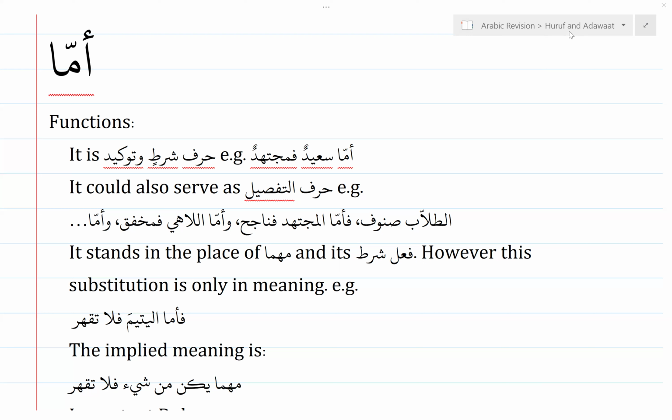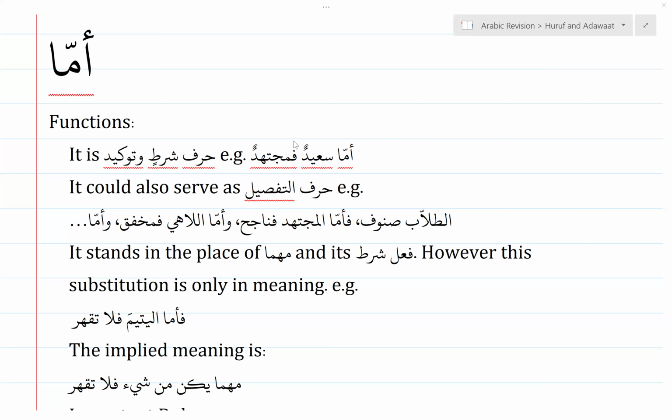For example, if we look at أما سعيد فمجتهد. So أما would be حرف شرط. سعيد will be part of our condition. And I'm going to explain a little bit what فـ means, because I know that's where the confusion is. The fa is the fa that comes with a جملة شرطية.